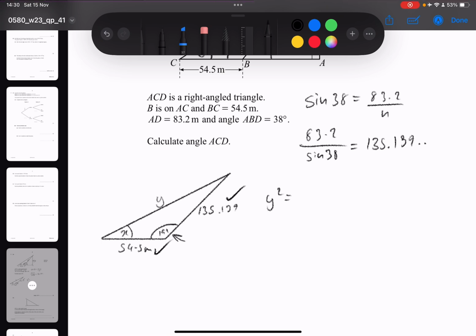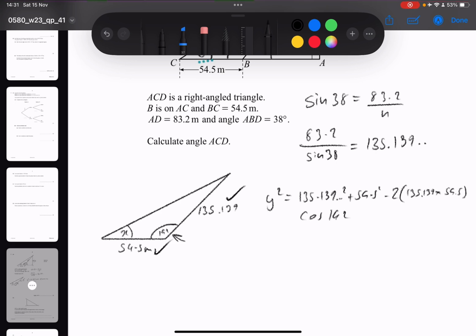Let's write that whole thing out. 135.139 squared plus 54.5 squared minus 2 times 135.139 times 54.5 cos of 142. Then we'll apply this cosine rule and we'll get the answer to this y.